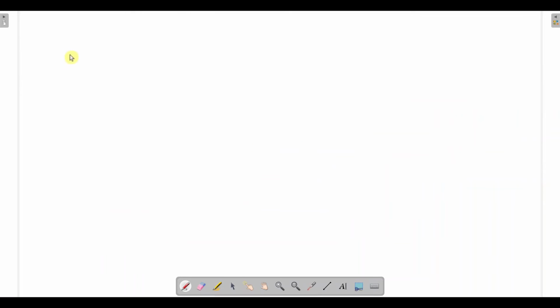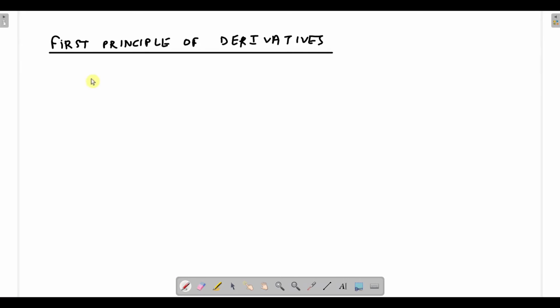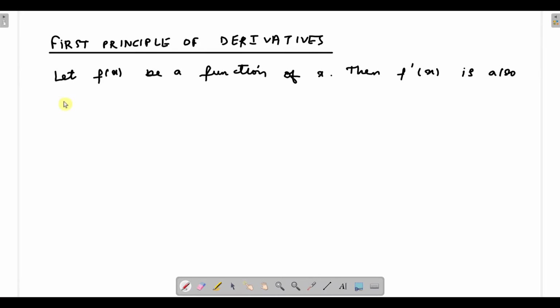Now we will go to the next part, that is the definition given by the first principle of derivatives. Let f of x be a function of x.